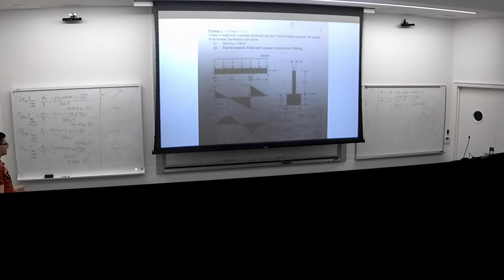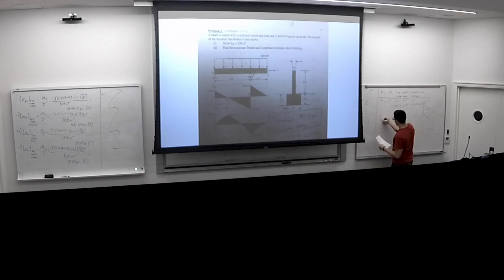And now the reason we did this is they wanted the maximum tensile and compressive stresses due to bending. So we have 2 compressive stresses, and we have 2 tensile stresses. So if we're looking for maximum, you're just going to take the larger of the 2.